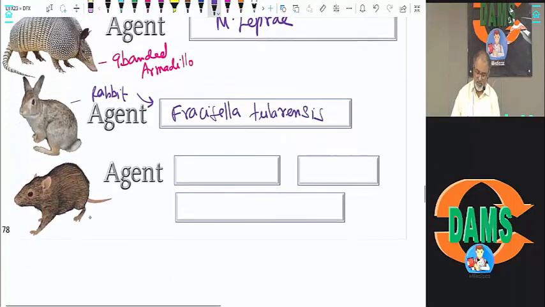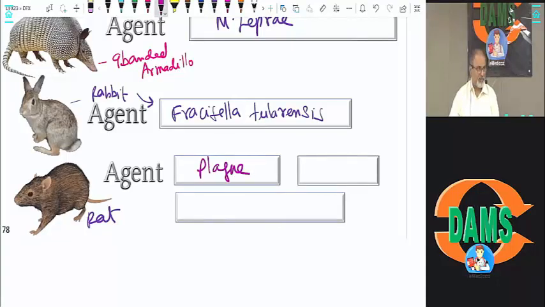And this is rat. Important disease, plague, Yersinia pestis. I'll write the name of the agent, Yersinia pestis. Leptospira. Rat bite fever, where can you get it?